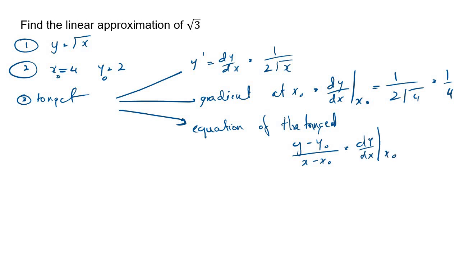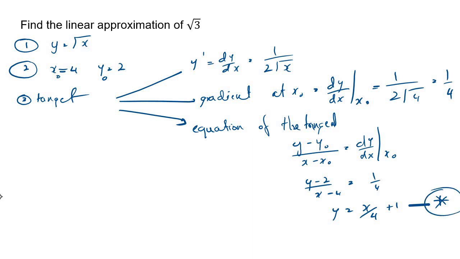We know dy over dx at x0 is this. So we write the equation as y minus 2 over x minus 4 is equal to 1/4. And we have done this before. We see that y equals x over 4 plus 1. This is a very important step.